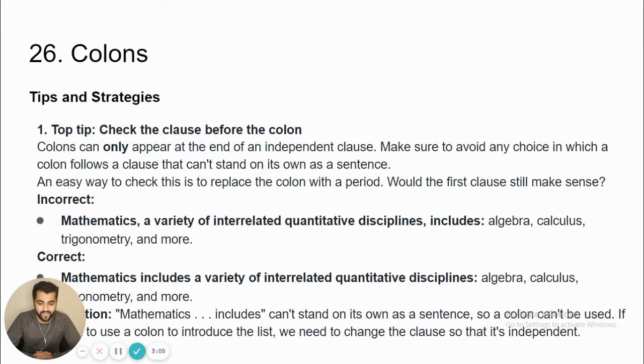Now, in this case, mathematics includes is not an independent clause, right? It doesn't make any sense on its own. So to use a colon, I'll have to turn it into an independent clause, which is the correct sentence. Mathematics includes a variety of interrelated quantitative disciplines: algebra, calculus, trigonometry, and more.